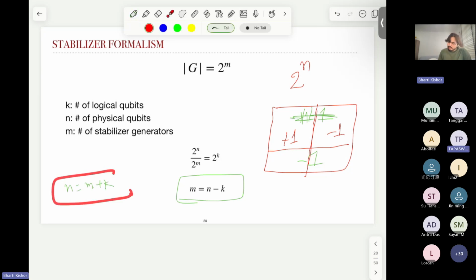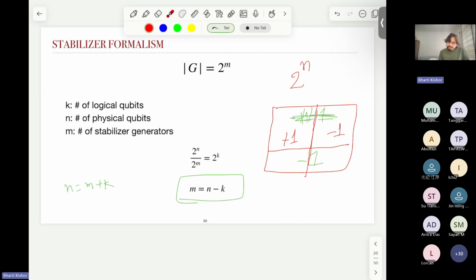We are talking at a very abstract level in terms of operators, but this already gives us an indication: if you have m independent generators in your stabilizer group, then the number of logical qubits and the number of physical qubits are related via this relation.